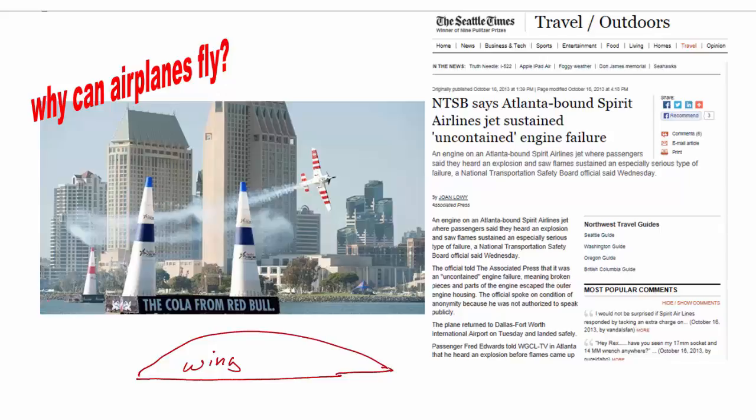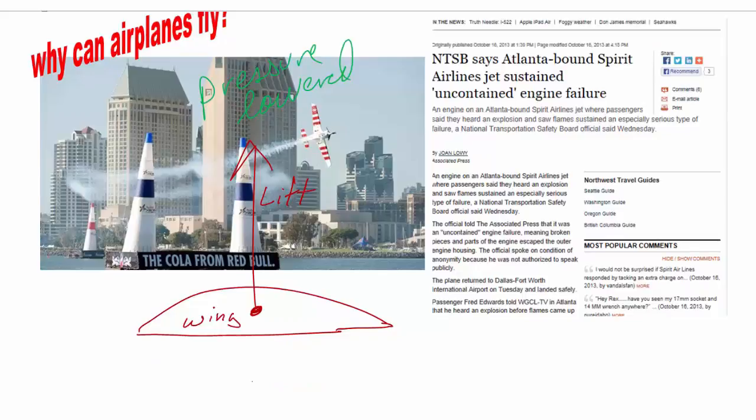So if you want this wing to go up, to have some lift, the pressure above the wing has to be lowered somehow. You have atmospheric pressure on the bottom, down here. So the pressure above the wing has to be lower, and then the wing will go up.